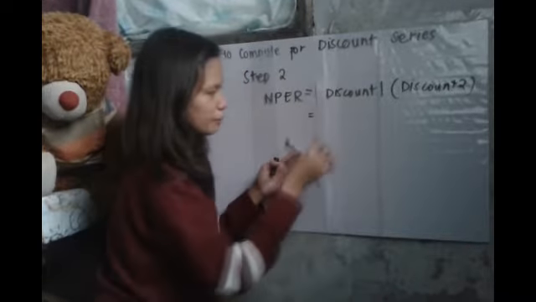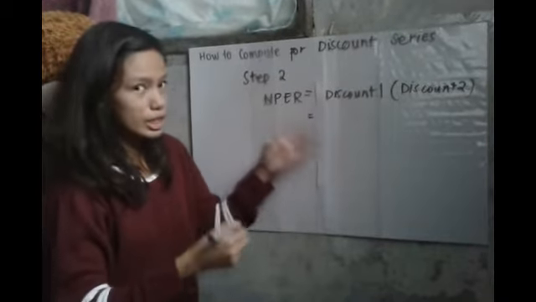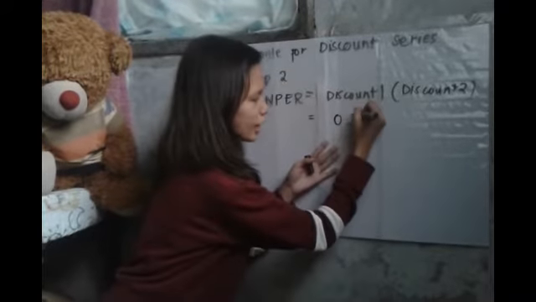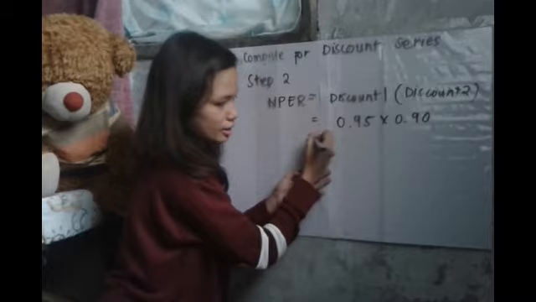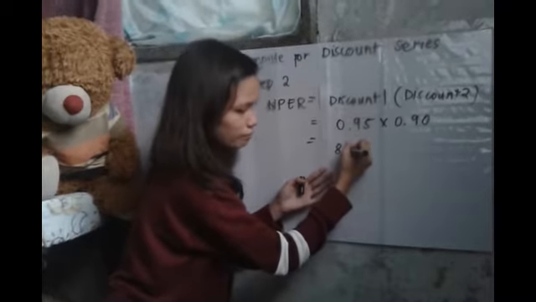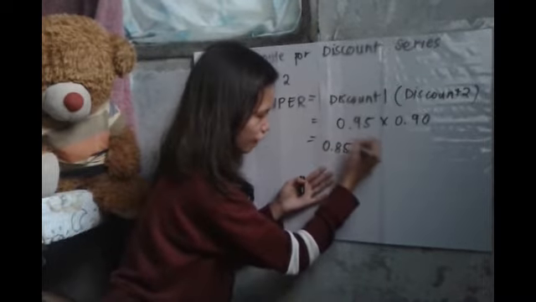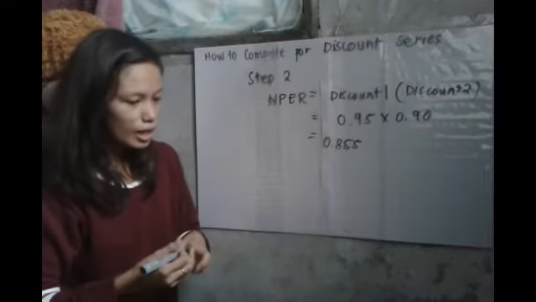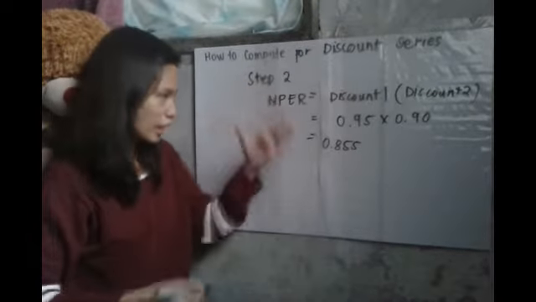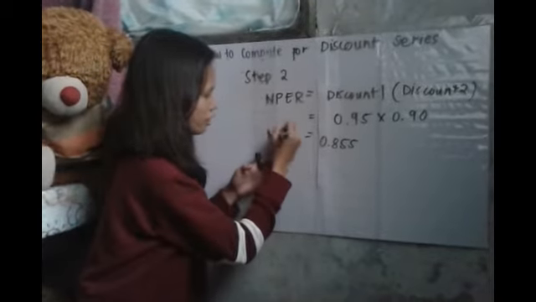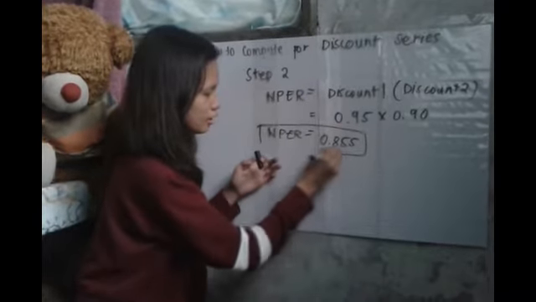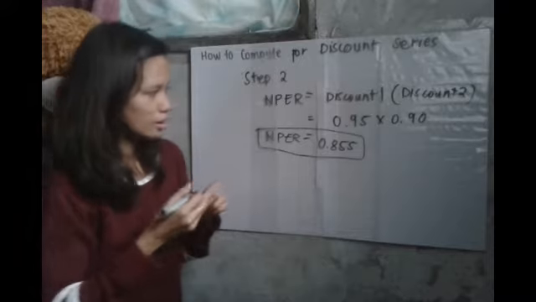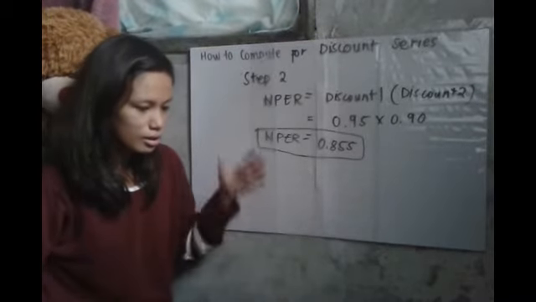Since we will multiply them, we have to convert it to decimal. 0.95 times 0.90 makes 0.855. So, the rule is do not round off decimal. So, this is the net price equivalent.